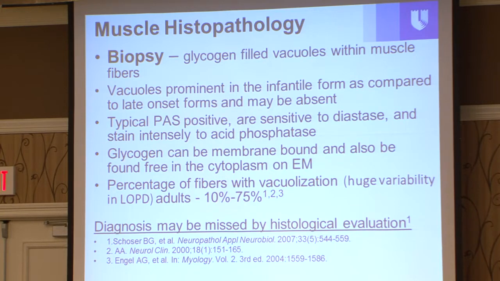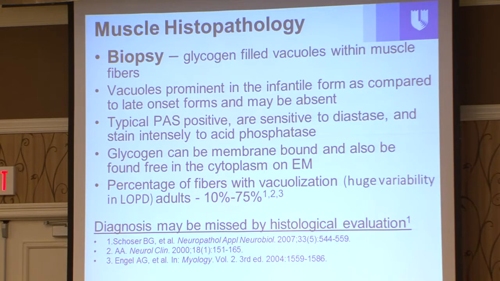And the glycogen which you see in these muscle fibers can be membrane bound. That is what we expect in Pompe disease. But we don't necessarily see it membrane bound. You can see it freely in the cytoplasm as well. So if you just look at the membrane bound glycogen and you don't look at cytoplasmic, you could go in the wrong direction.